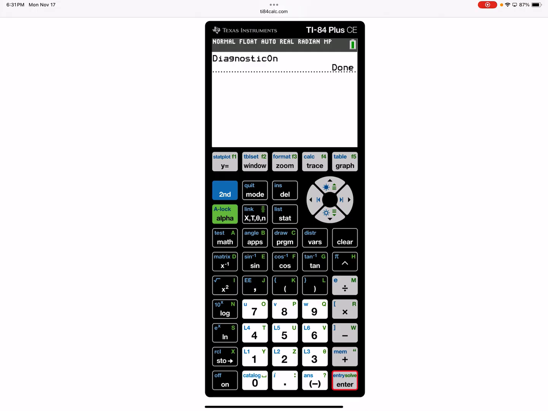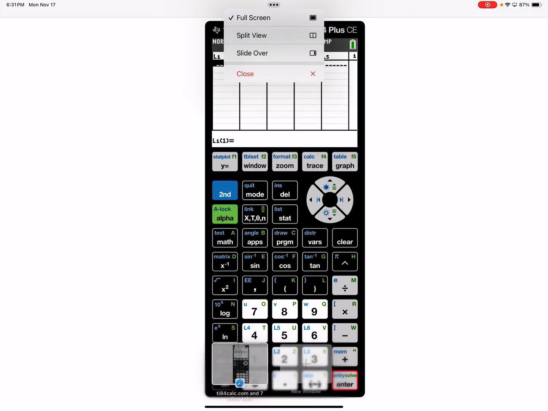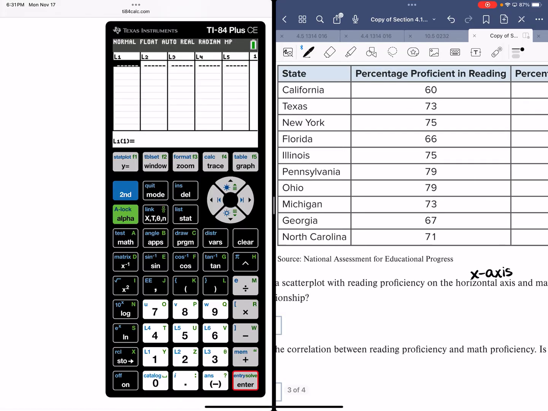Okay, so let me see what page I'm on over here. All right, so we want to do a scatter plot. So the first thing we're going to do is go to Stat, and we're going to edit. And I'm going to put what I want as the X values, which for you guys were my reading values, right?